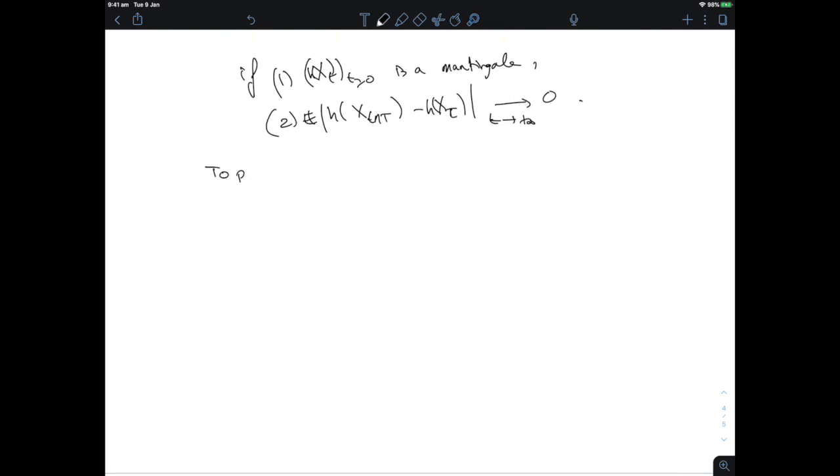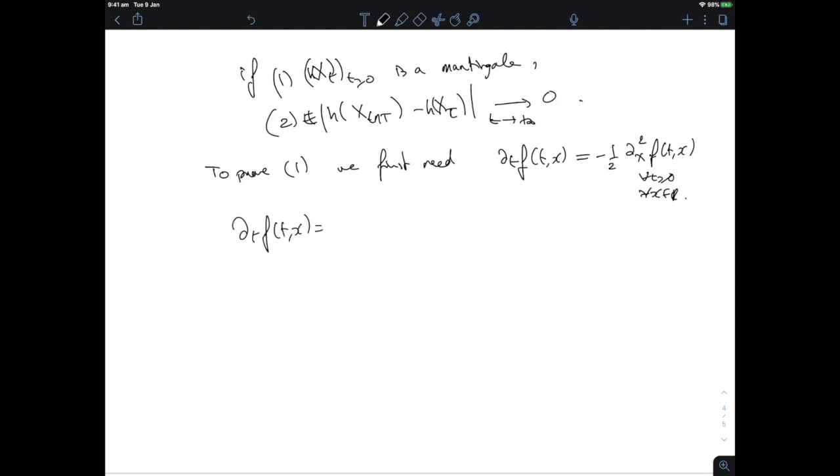To prove the first, we first need that the partial derivative in t of f(t,x) is minus 1/2 of the second partial derivative in x of f(t,x). Okay, so let's compute that. What is the t-derivative of f(t,x)? It is mu times h prime of sigma x plus mu t. That's just by the standard chain rule.